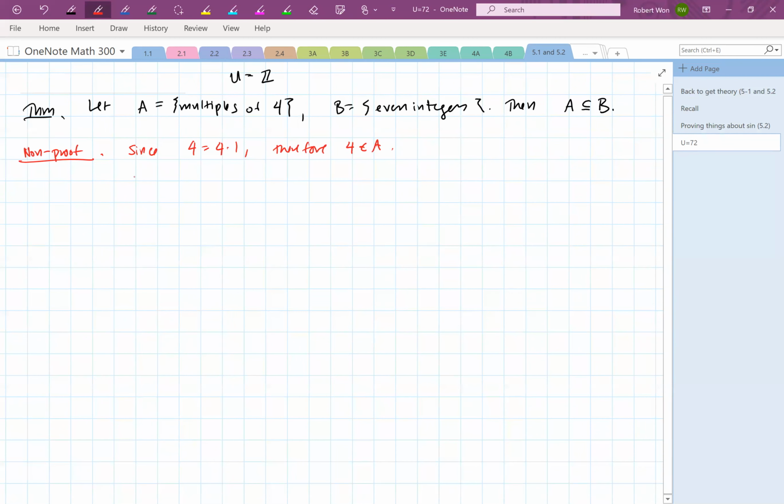That's true. Now observe that 4 equals 2 times 2. So 4 is even. Hence 4 is in B, because B is the set of all even integers. Therefore, A is a subset of B, because I've taken an element of A and shown that it's in B.